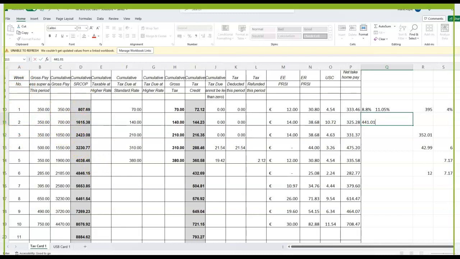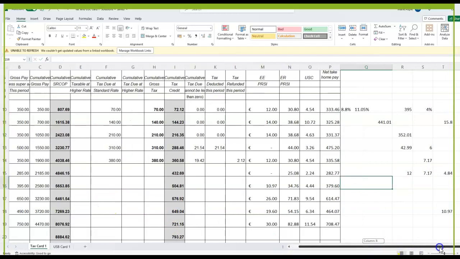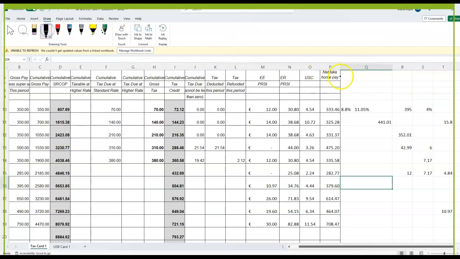The other thing we need to watch is the rates. So remember, guys, what is your rate? Just let me put them in here. If it is up to 352, it's at 0. There is no employee PRSI. If it's between 352.01 up to 424, remember it is 4%, but it has the PRSI credit.